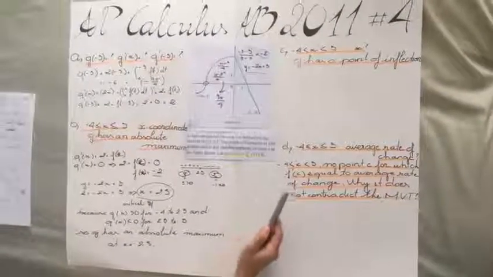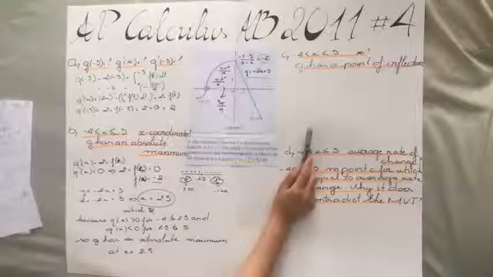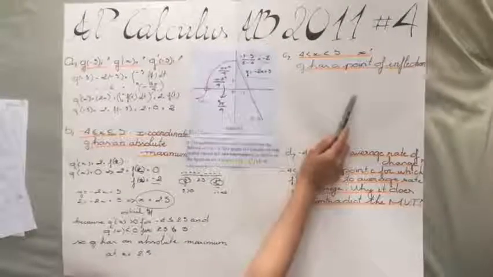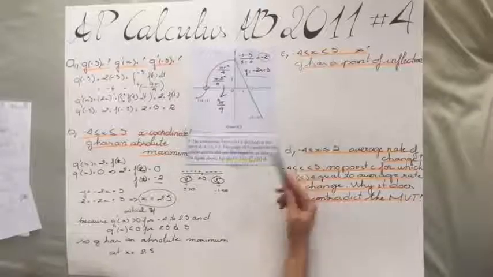In this part, we want to find where the graph of g has an inflection point. Just like finding the absolute max, we want to think about the derivative.